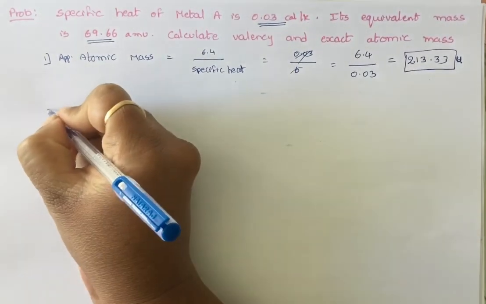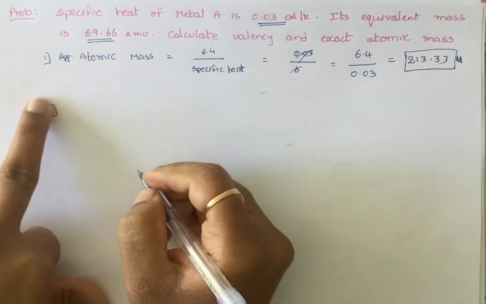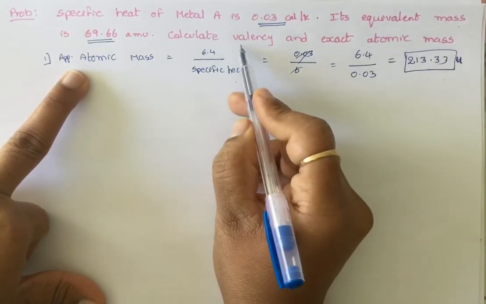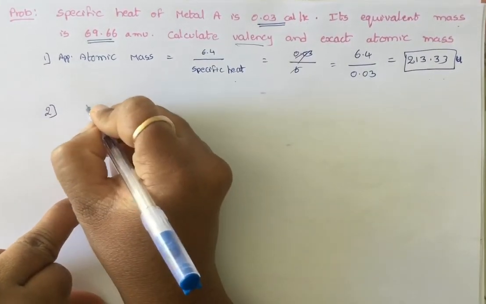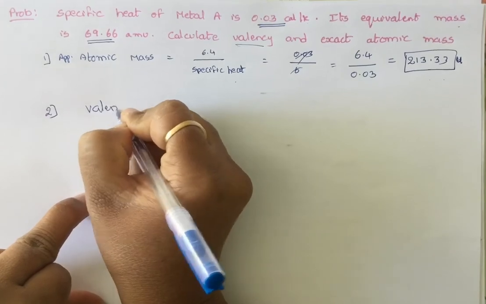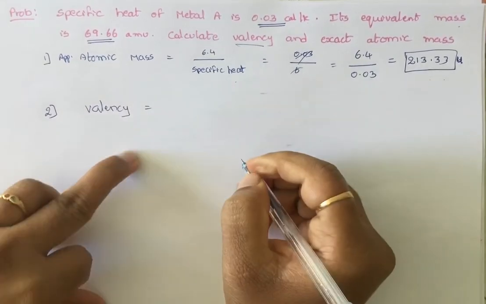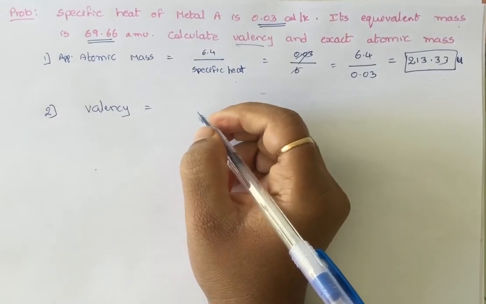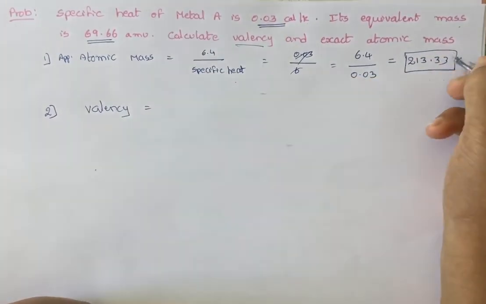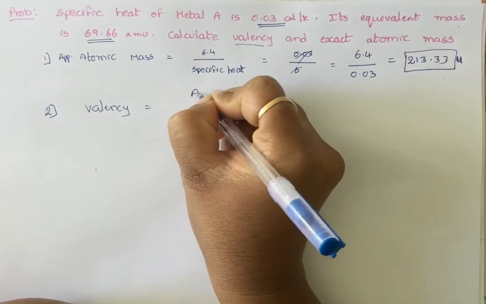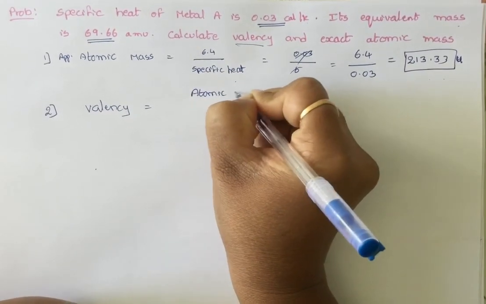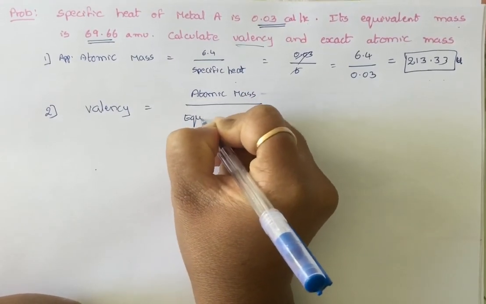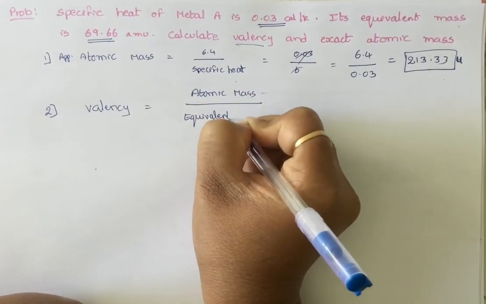Now we have one more formula. They have given the equivalent mass and we got the atomic mass. What we need to find is the valency. So the formula for valency is atomic mass divided by equivalent mass.